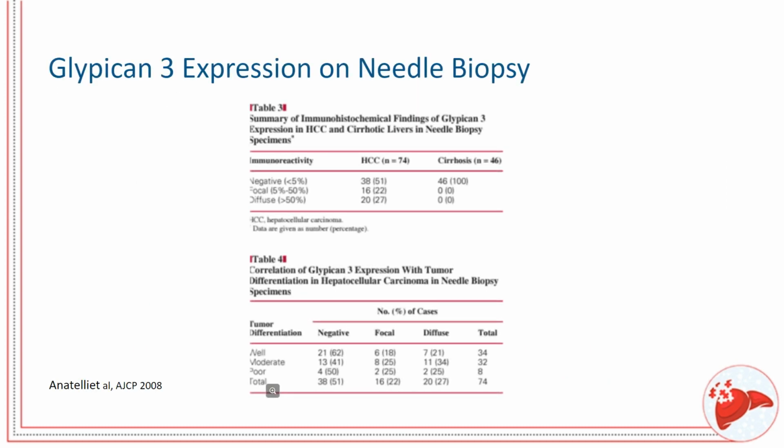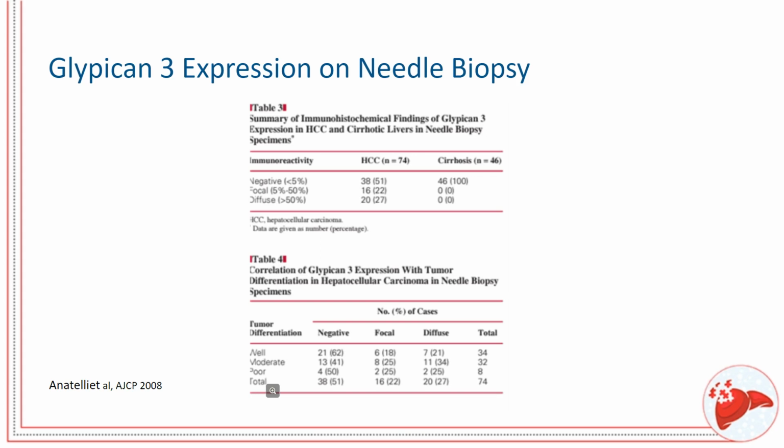When Hanley Wong and his colleagues looked at needle biopsies, they found that this is where the rubber meets the road, and it is important to be really careful in one's interpretation. Looking at poorly differentiated HCCs, 4 of them were negative on needle biopsy. And when you look at the fact that there were only about 8 meeting that particular grade, it means that about half of the poorly differentiated HCCs may be glypican-3 negative on needle biopsy.